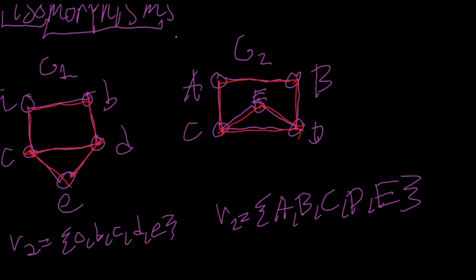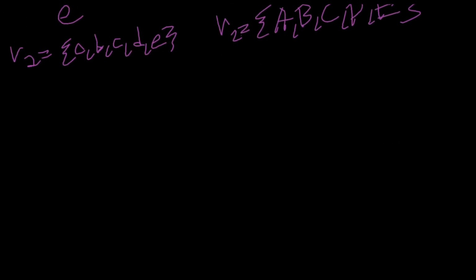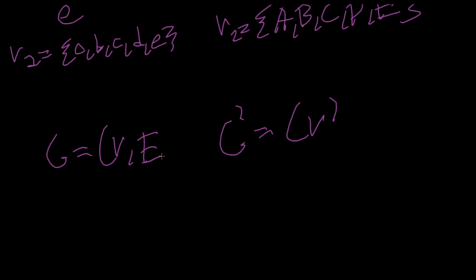So now, a more formal definition of an isomorphism would be that if two separate graphs, let's say G and G prime, with two separate vertex sets, let's say V and V prime, and two different edge sets, E and E prime.